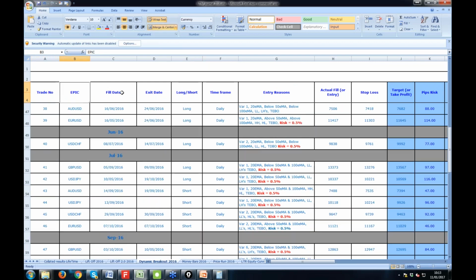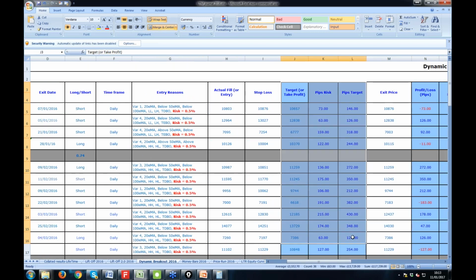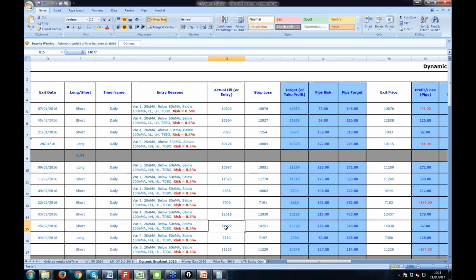So we've got the trade that we're taking, the fill date, the exit date, whether we're going long or short, the market, the time frame, entry reasons, and then any column that's listed in blue here has a set of formulas inside it which will automatically do the calculations for you for where your target is, how much you're risking, etc.